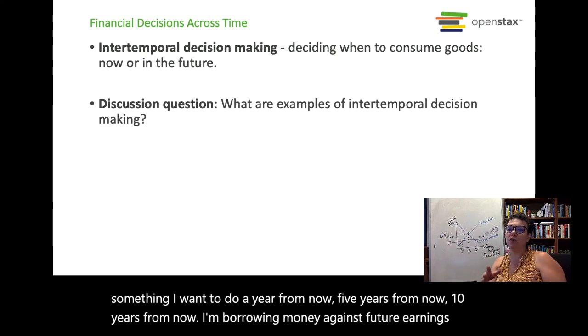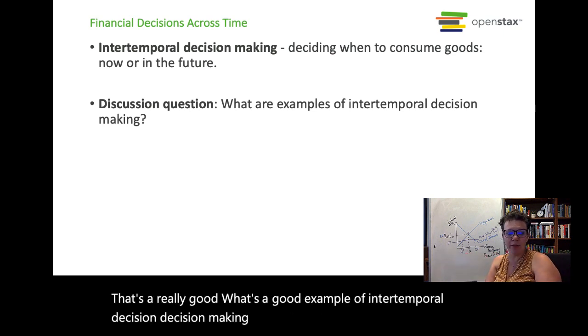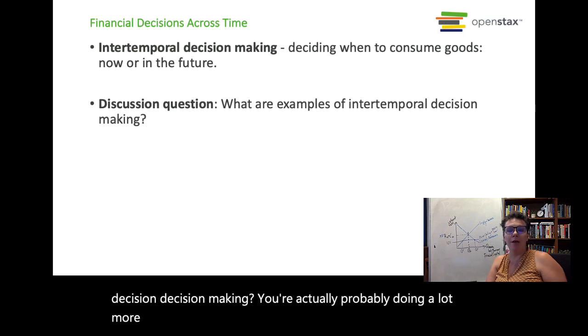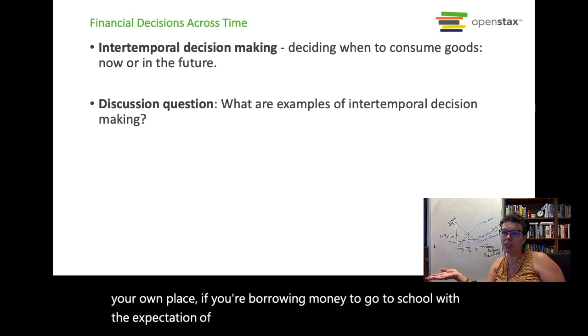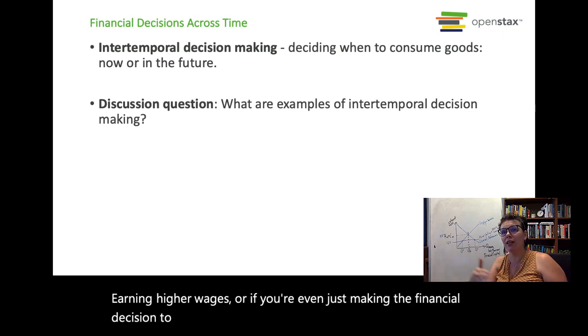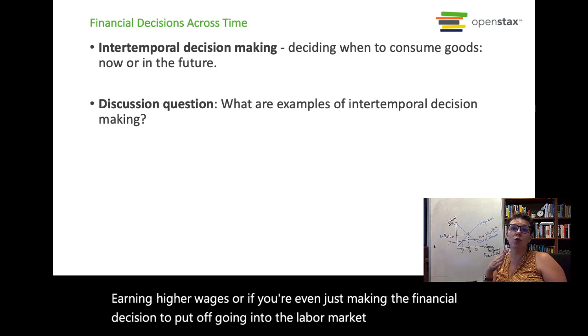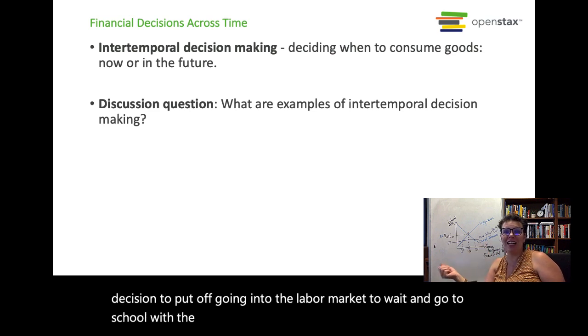What's a good example of intertemporal decision making? You're actually probably doing a lot more of it than you think. If you're saving up to buy a car or get your own place, if you're borrowing money to go to school with the expectation of earning higher wages, or if you're even just making the financial decision to put off going into the labor market to wait and go to school with the anticipation of getting higher wages.